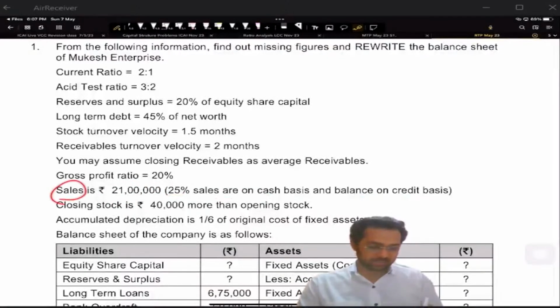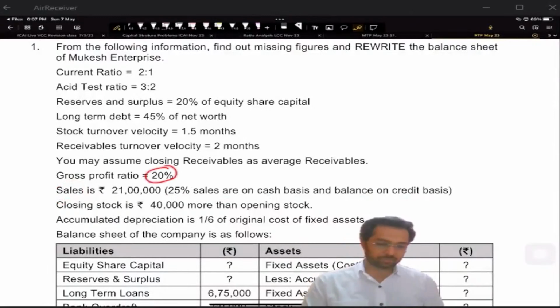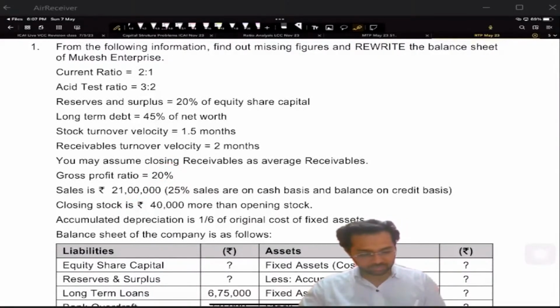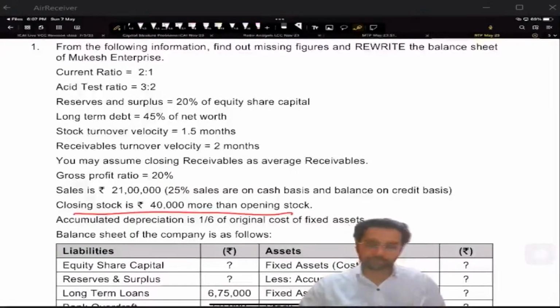So using sales, we can also look at the GP ratio, which is 20%. Essentially, sales is 21 lakh and GP is 20%. From that, we can get COGS, and in turn, COGS will help us in getting the numbers for the stock.